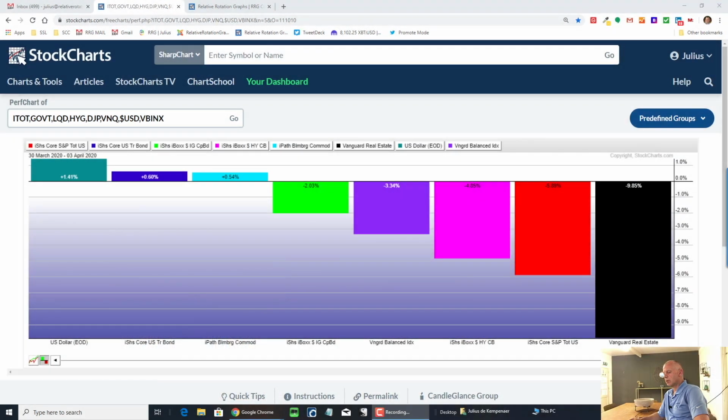Let's start with a quick overview of what happened in the various asset classes last week. Here's the perf chart. Relatively quiet week, I should say.